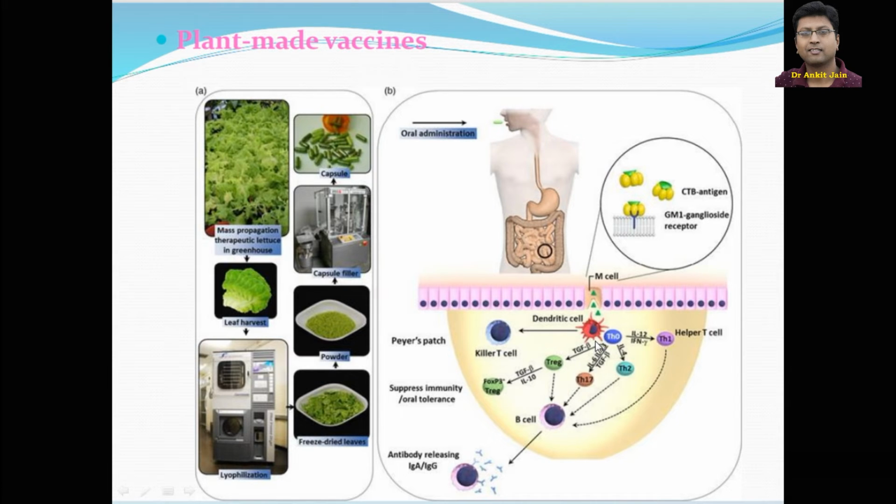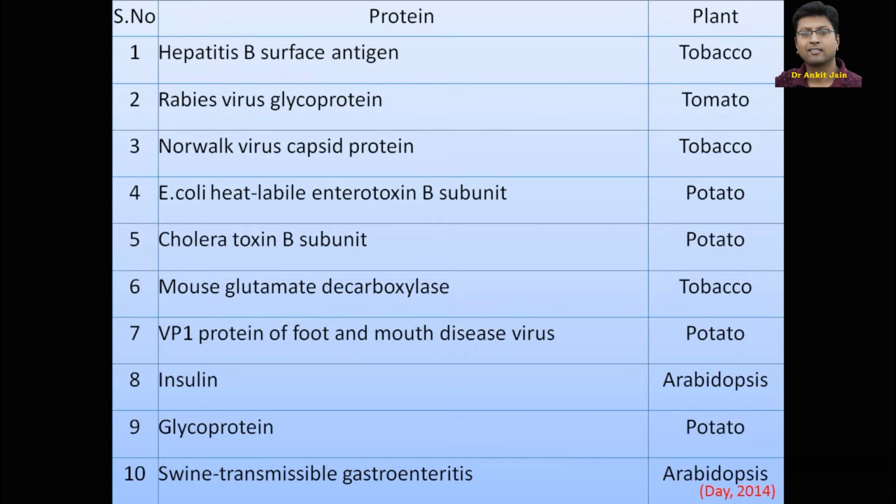Then the activated dendritic cells will proliferate and produce different types of cytokines, and these cytokines are responsible for production of T cells and B cells. Here the B cells produce different antibodies like IgA, and the T helper cells and T cytotoxic cells will be activated, and it will produce the cytotoxic response.